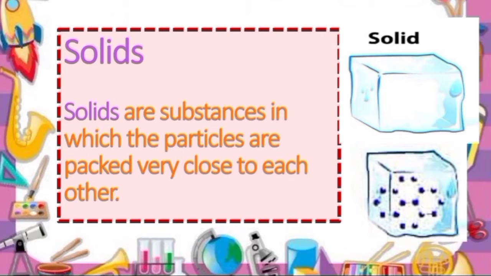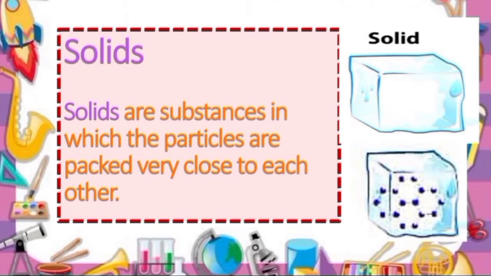Some characteristics of solids are: solids have fixed shape, solids have fixed volume, molecules in a solid are very tightly packed, we cannot compress it. Solids are heavy, solids do not flow.